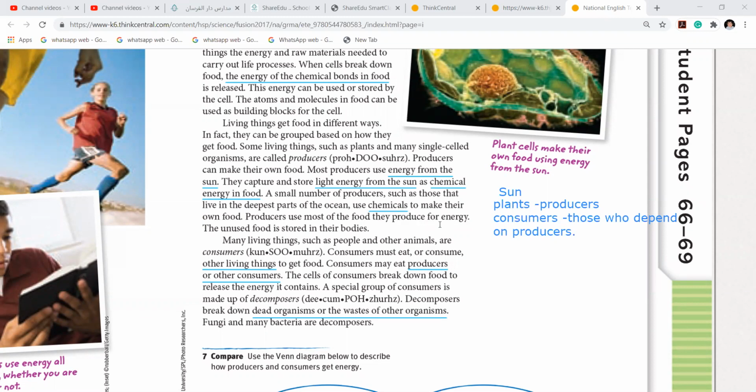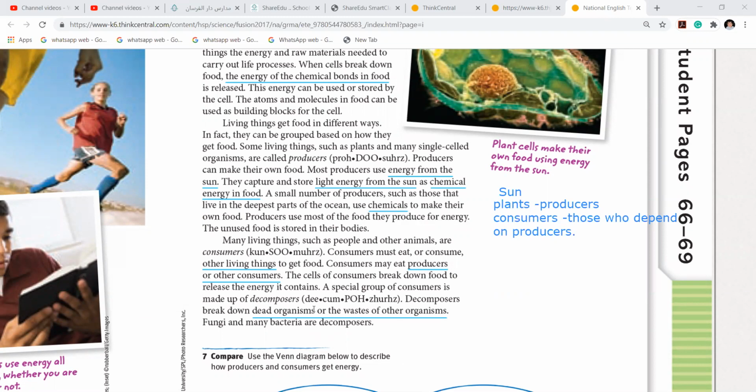Miss, the food of the plants that they take from the sun, it's called nectar. Yes, girls. Yeah.